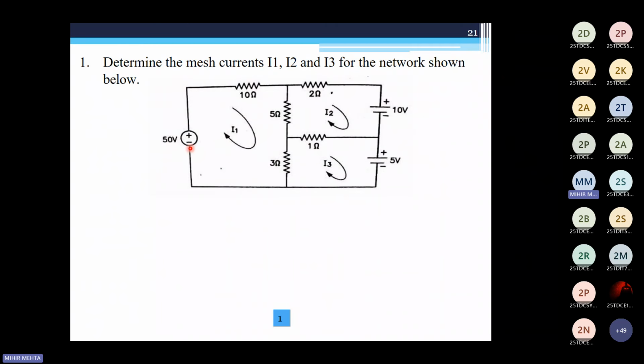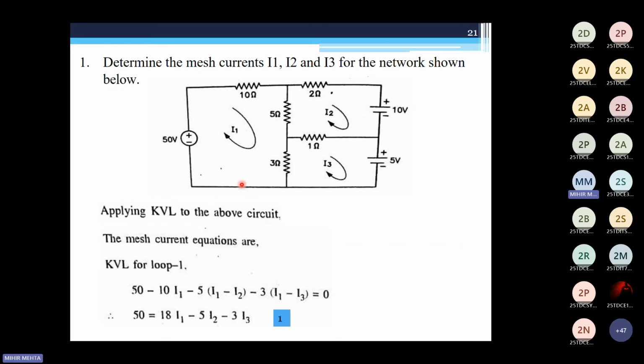When you cross the negative terminal first, you take the opposite sign, that would be positive 50, which is equal to 0. So negative to positive, this would be plus 50, moving in the direction of the current. So this is minus 10 I1, minus 5 of I1 minus I2, minus 3 of I1 minus I3, and plus 50 is equal to 0. I hope this is clear how we write the equations.